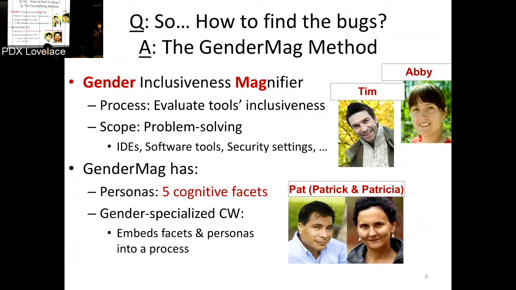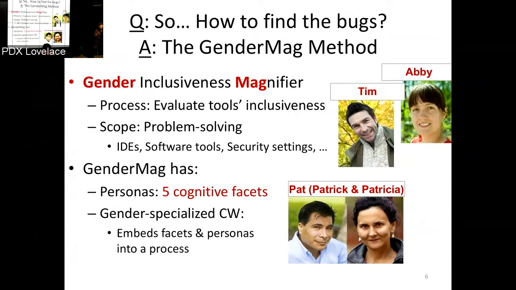Well, it's made up of some personas. Actually, they're multi-personas, and you'll meet one in a minute. And these personas are all based on cognitive styles. So what you're going to find out soon is that this is all about the way people go about problem solving. It's not really about gender identification at all. But if you ignore these problem solving styles, you will be biasing against different genders.